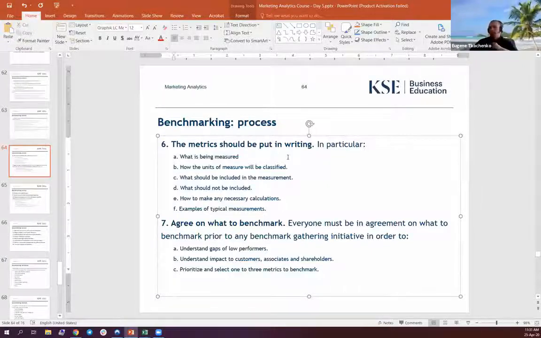So basically you want to make sure that there is a certain scope of things needed to be measured, a certain number of units as a measure to be classified. A and B test analysis, example: your sample, the number of people you are willing to say are representative for the number of unit cells. What should be included in the measurement? Any other supportive metrics or any other supportive products?